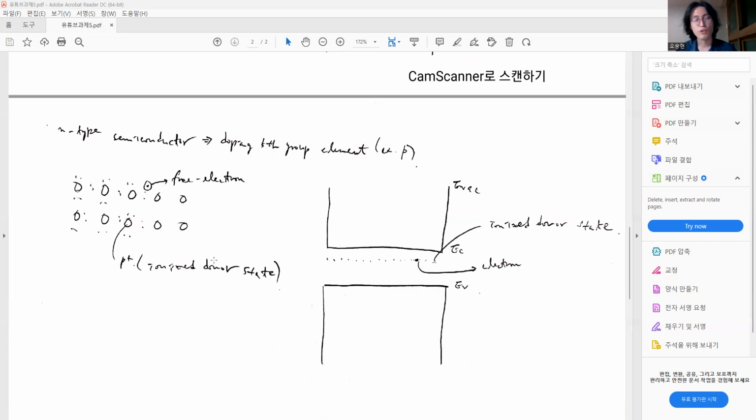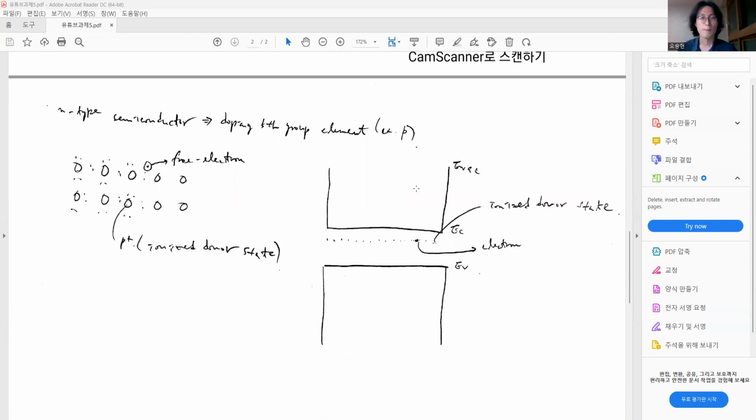When the phosphorus is ionized, the electron makes the state near to the conduction band energy, so it can be jumped up to the conduction band easily, which makes the conducting of semiconductor better. Thank you.